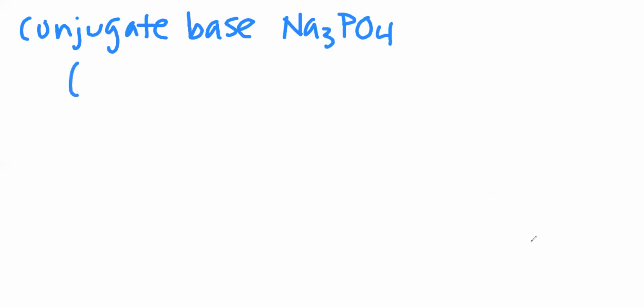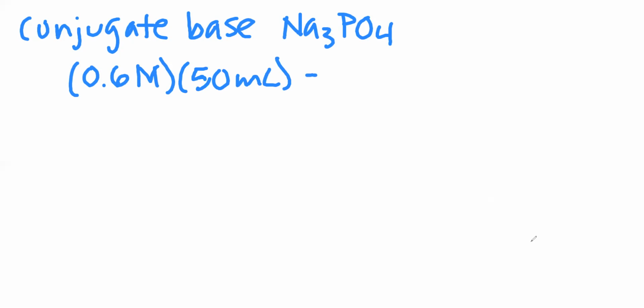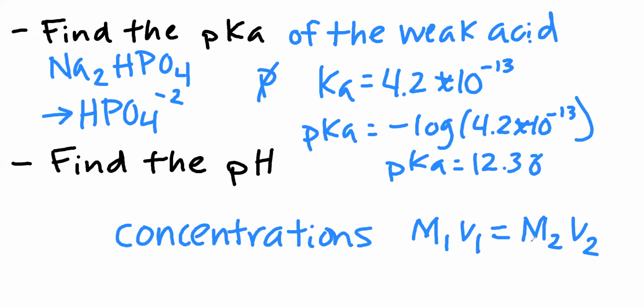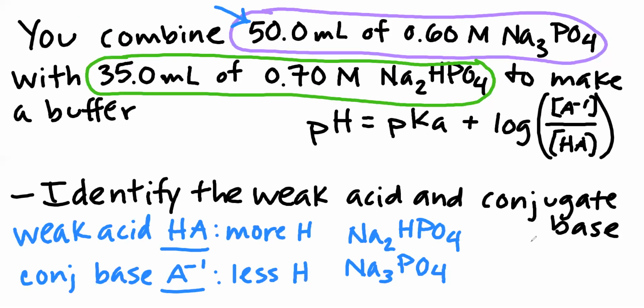So its M1 is 0.6 molar, and we have 50 milliliters. We're going to find its new concentration, its new molarity, M2. And for the V2, we need that to be the total volume. So we're combining 50 and 35. So that's going to be 85 total.